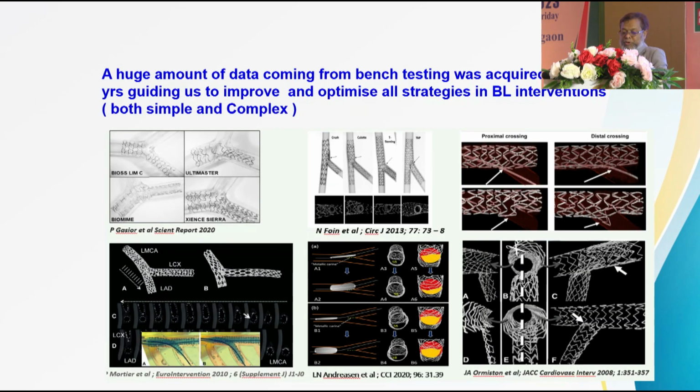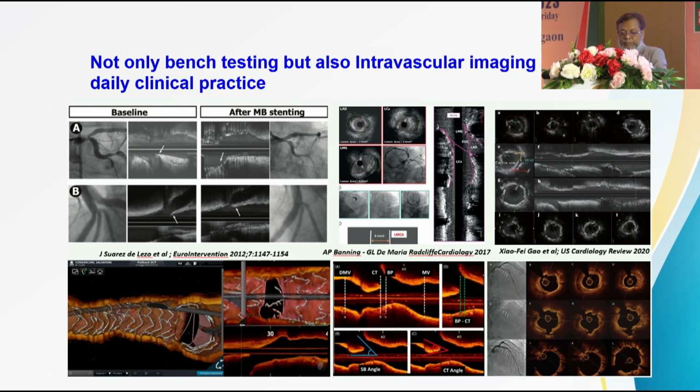A huge amount of data coming from bench testing was acquired in the last 15 years, guiding us to improve and optimize all strategies in bifurcation lesion interventions, both simple as well as complex. Not only bench testing, but also intravascular imaging for LM lesions in daily clinical practice.